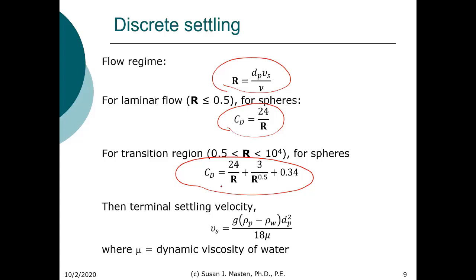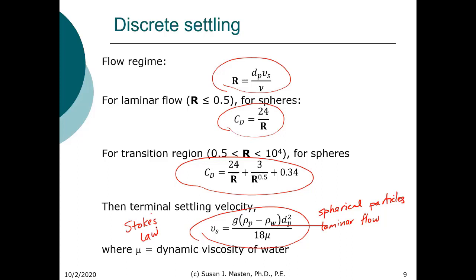So for spherical particles and laminar flow, the terminal settling velocity is a function of gravitational acceleration, the difference in the density of your particle and water, the diameter of the particle squared, and the dynamic viscosity of the water. What we have is Stokes' law.